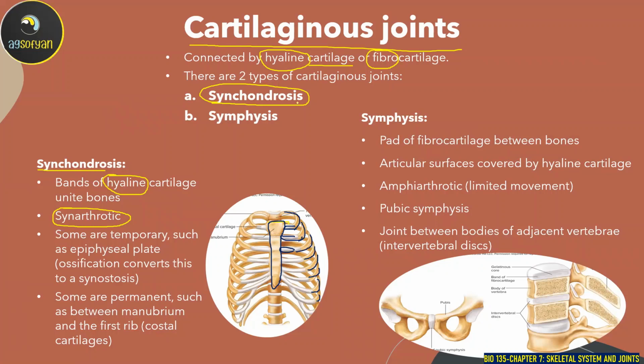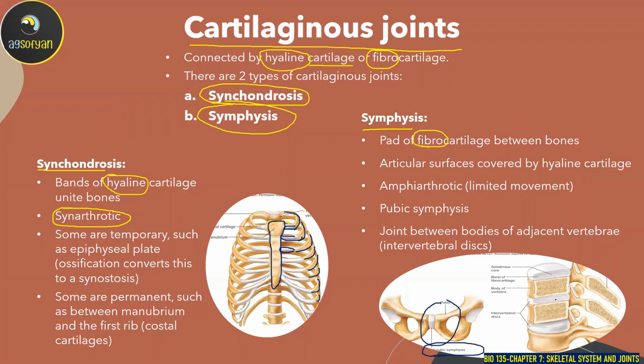The second type of cartilaginous joint is the symphysis. This is the one that has fibrocartilage, which is the strongest type of cartilage. We have two places that have this symphysis. The first one is between the hip bones in our pubic area, called the pubic symphysis.